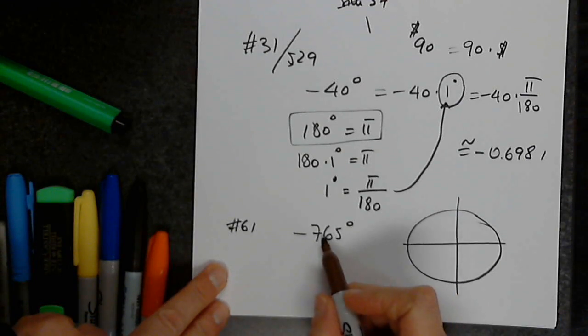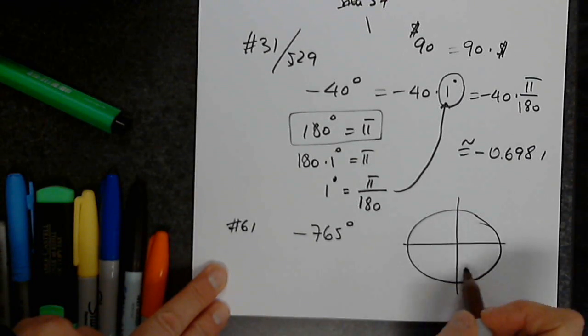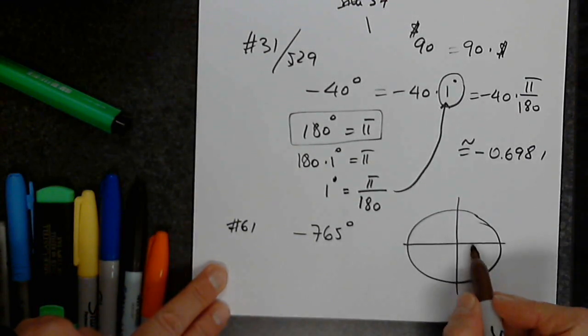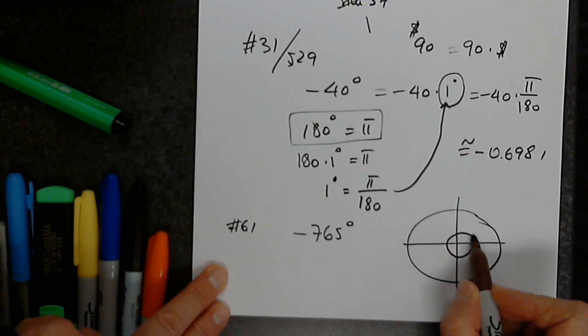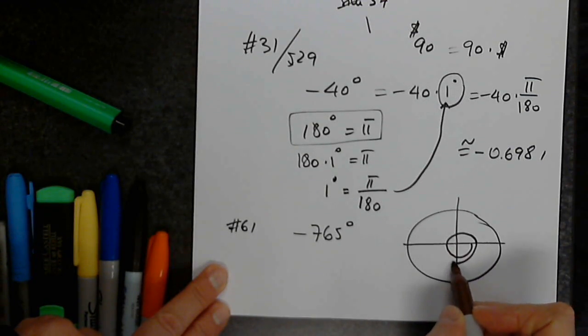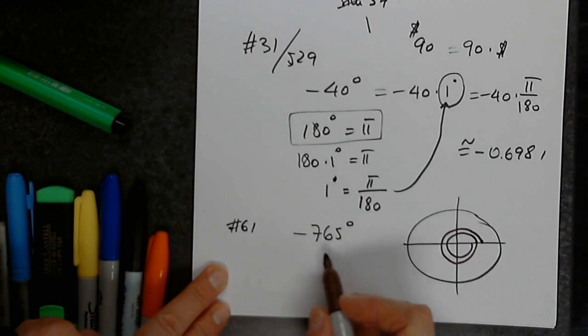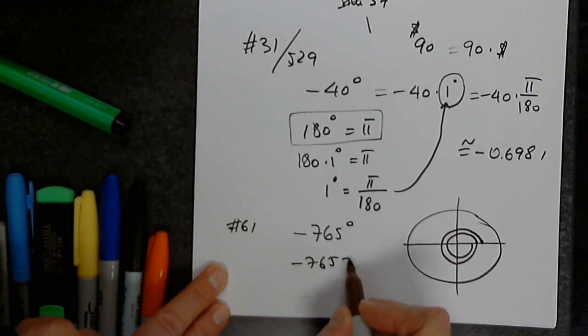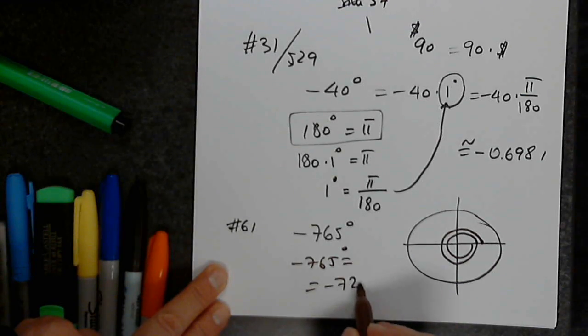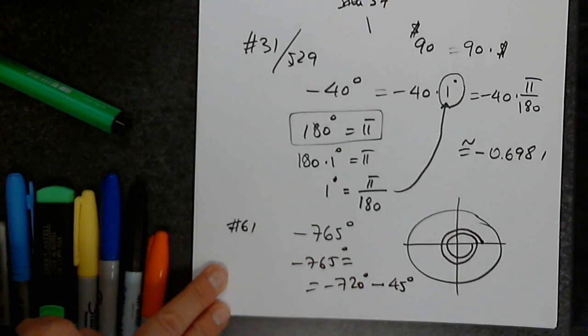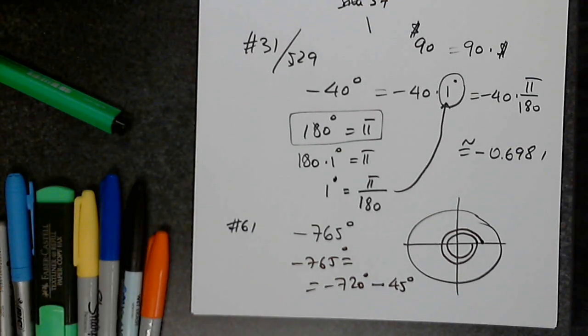But here's what I would do. I know that this is a negative angle, so it has to go clockwise. I know that this is negative 360, and another complete rotation will give us negative 720. So negative 765 is negative 720 degrees minus 45 degrees, right?